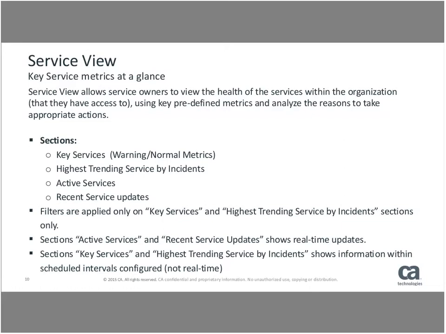So we have 3 sections in the service view. One is the key services, where we provide the warning and normal metrics, and below that section we have highest trending services by incidents. The key services section provides information related to incidents also, but highest trending services by incidents provides a different metric.